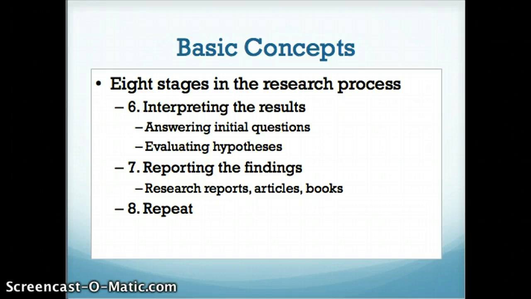Even with careful work at previous stages, researchers often end up with partial answers to research questions or, unfortunately, even inconclusive findings. It's at the 7th step of the research project that the sociologist reports her findings. The research report can take the form of a presentation or a published journal or even a book.